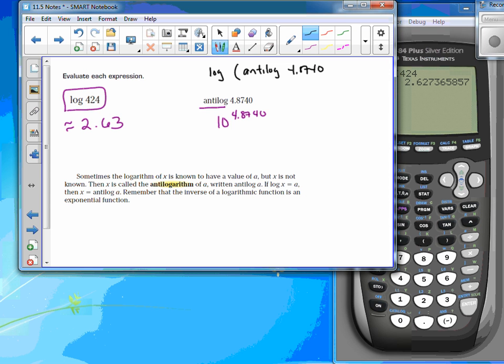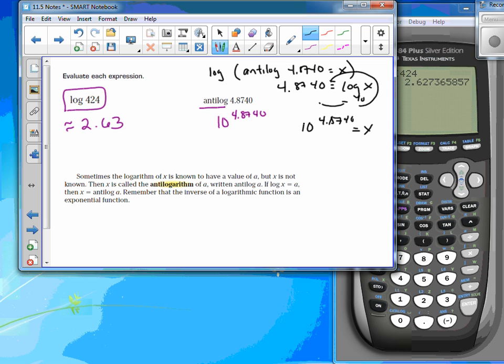We could set this equal to x. You take the log of both sides, well then you get 4.8740 equals log of x. Well, that has base 10, and so you would just use your circles and have 10 to the 4.8740 power equals x anyway.